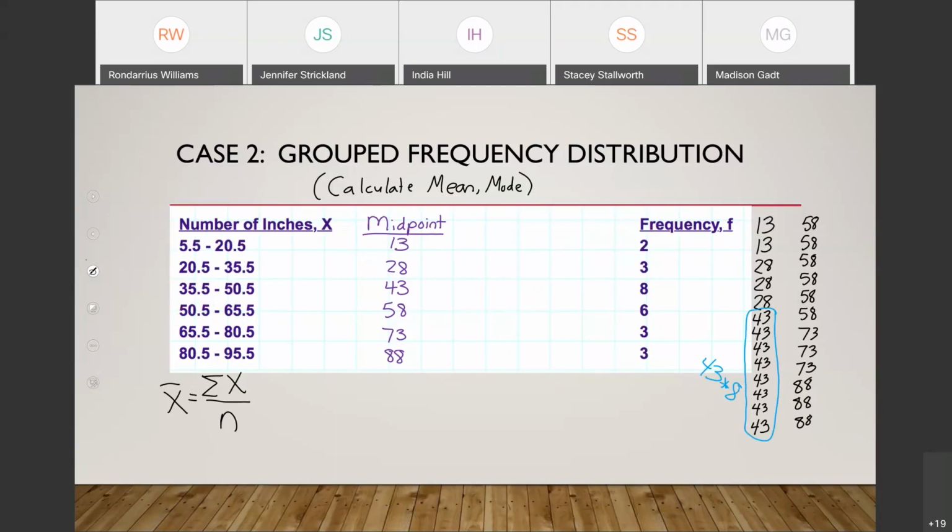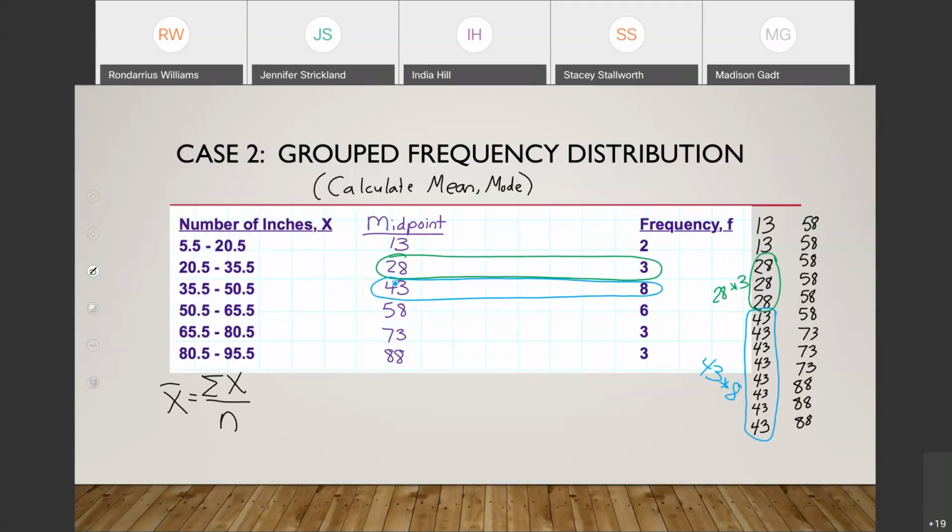And then instead of me doing the 3 28s, 28 plus 28 plus 28, I could have done 28 times 3. Okay, so look at what that's going to mean. 28 times 3 is going to be right here. And 43 times 8 is going to be right here.